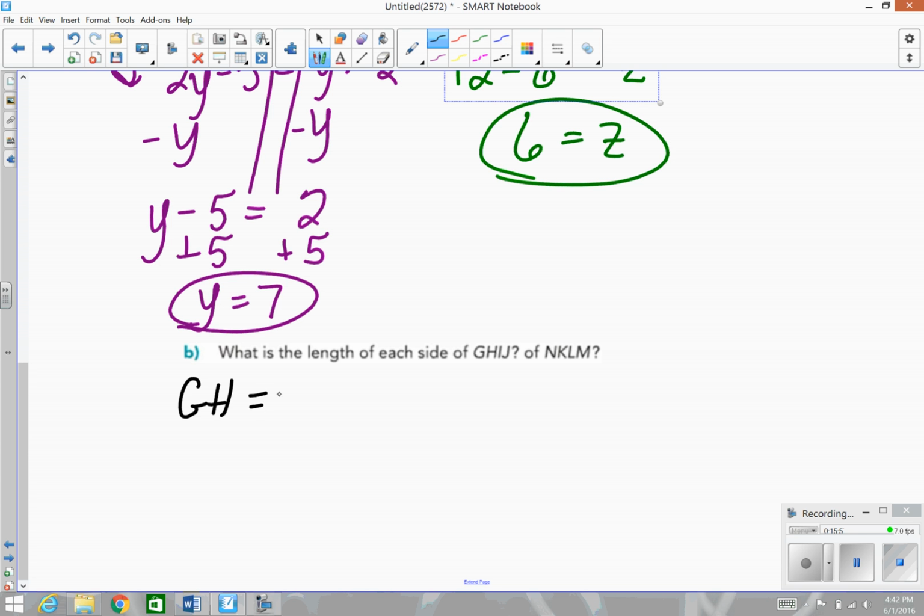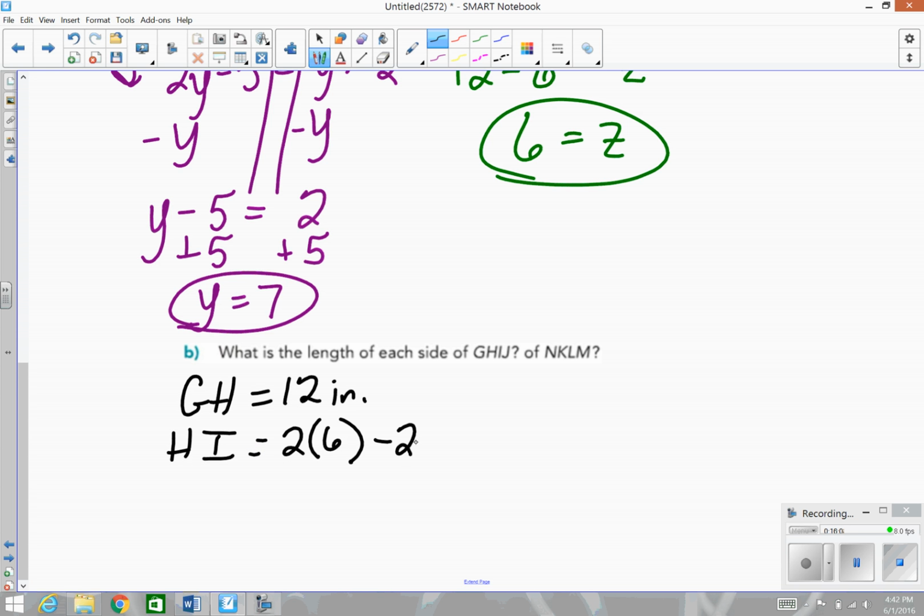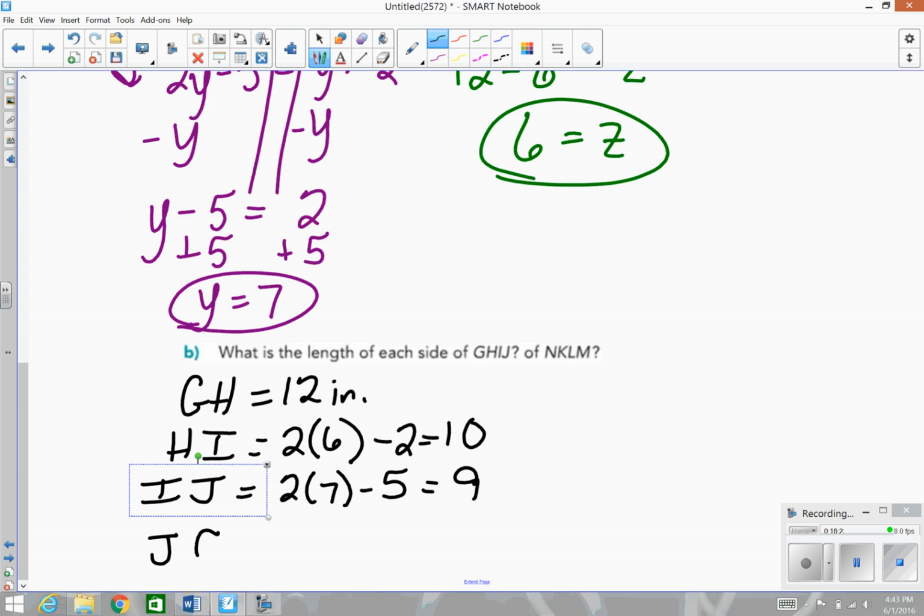GH was given as 12 inches. HI, we can do 2 times 6 minus 2 equals 10. IJ equals 2 times 7 minus 5 equals 9. JG equals 12 minus 6, which is 6.